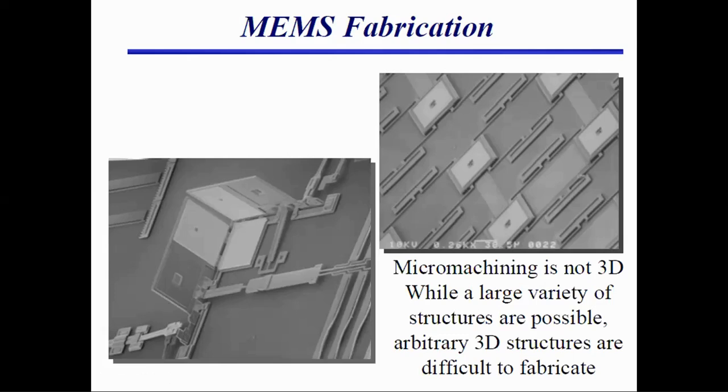So it is not a 3D technology. Although we are coming up with technology so that we could fabricate MEMS and NEMS with 3D technology, work is still going on in that. So micro machining is not 3D, while a large variety of structures are possible. Arbitrary 3D structures are difficult to fabricate.